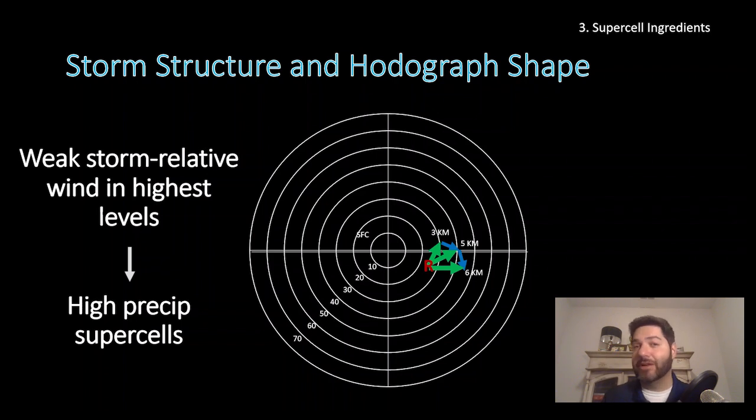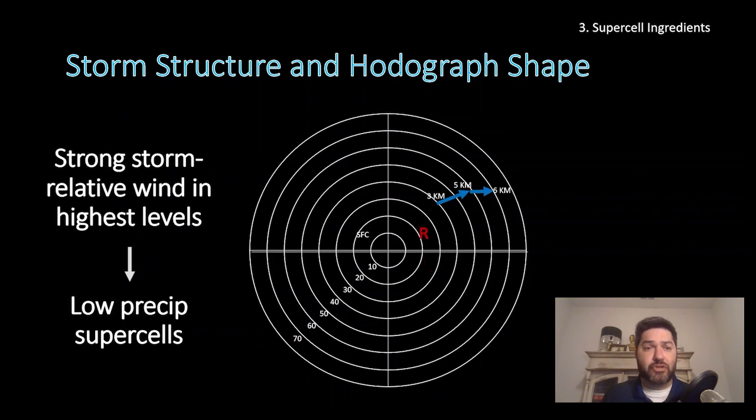Now, I shouldn't say choking it off because that would imply the storm is not as strong. It is often the case that you do see large, nasty tornadoes with HP supercells, but this would not be particularly visible. You wouldn't see the classic or LP supercell structure with this. Now, the converse would be true.